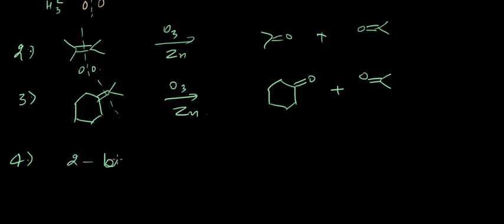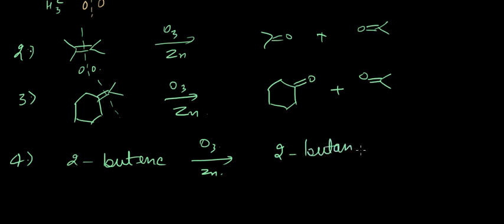Let's suppose we have 2-butene. It is passed in this. So what would be the product? Ethanal, because butene would be broken up into two pairs of two carbons, so it would be ethanal.